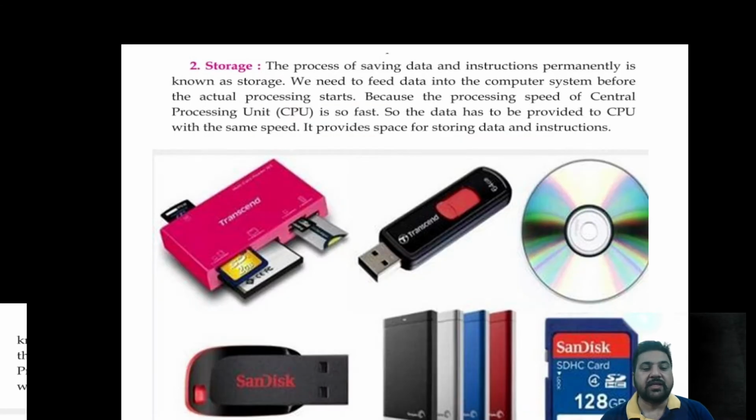The next one is storage. Storage plays a major part in a computer system. The process of saving data and instructions permanently is known as storage. We need to feed data into the computer system before the actual processing starts, because the processing speed of the central processing unit is so fast, so the data has to be provided to the CPU at the same speed.